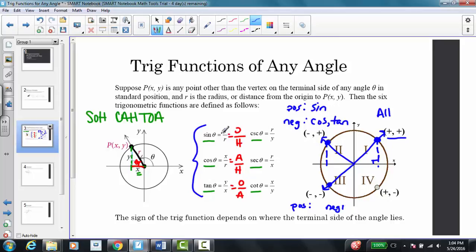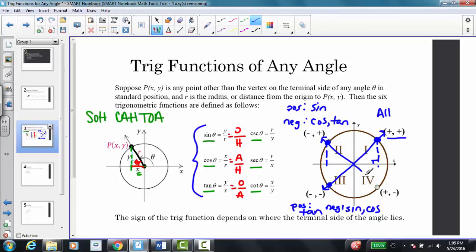If y is negative, then sine is going to be negative. If x is negative, then cosine is going to be negative. However, for tangent, I have a negative y over a negative x, which makes tangent a positive answer.